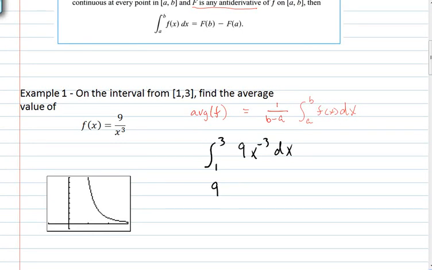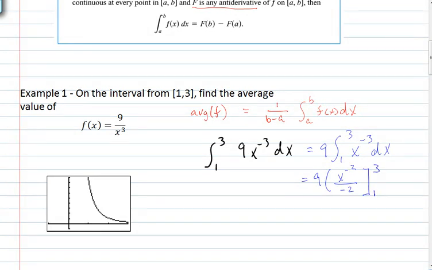Remember, you've got that constant multiple rule that says we can pull the constant out. So this is going to be 9 times, when I find the antiderivative of this, I add 1 to the exponent, so that's x to the negative 2. And I divide by the new exponent, right? And then I'm going to evaluate this from 1 to 3.